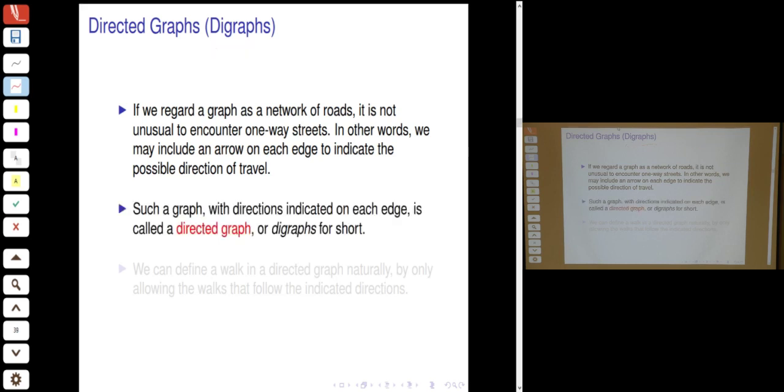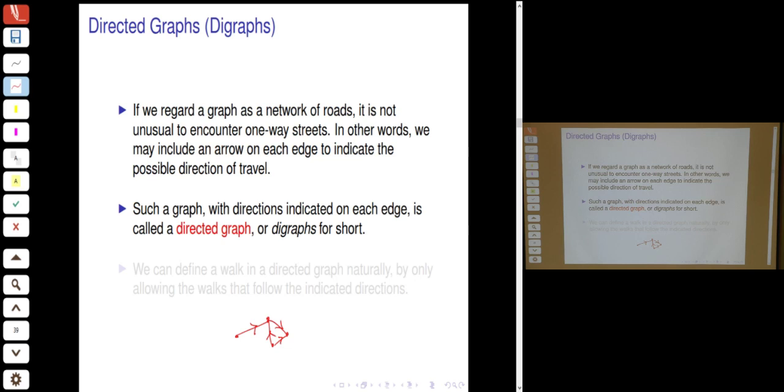Such a graph with directions indicated on each edge is called a directed graph, or digraph for short. So for example, something like this. Maybe you can go from here to here, here to here, and so on. So some distribution of arrows on the edges.